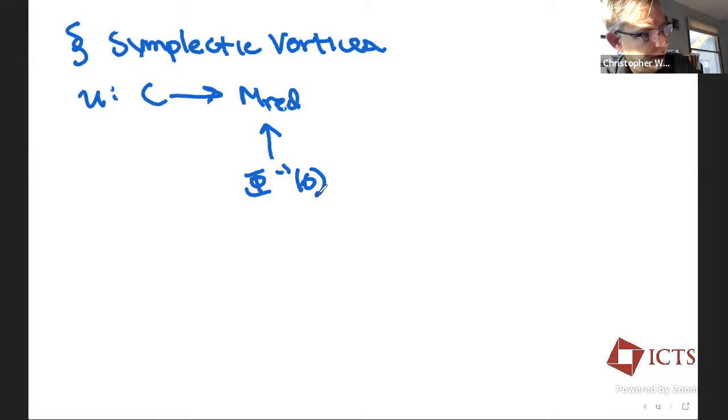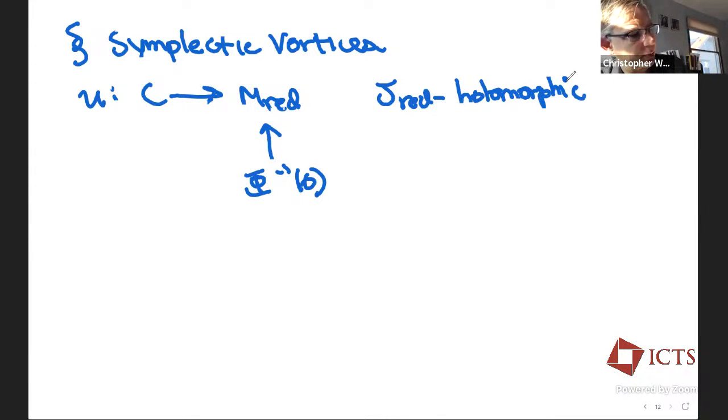In symplectic geometry, we think of the symplectic quotient as the quotient of the zero level set. So this is some G bundle.